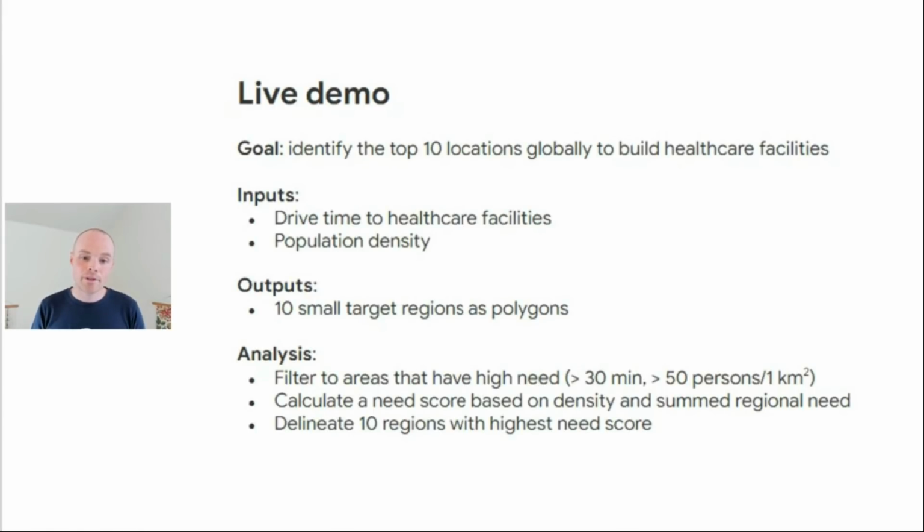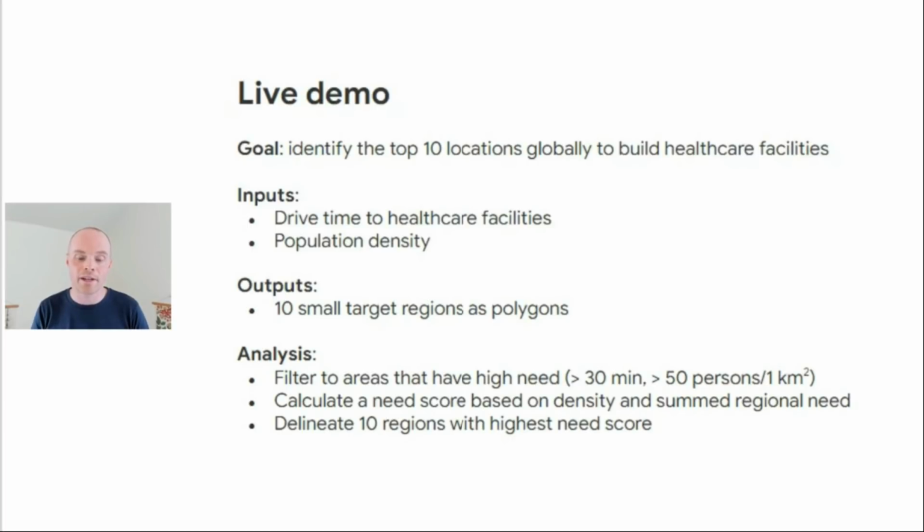And the analysis will include filtering the 2 data sets, 2 inputs, to the greatest need, regions where drive time is greater than 30 minutes. It takes a long time to get to a facility. And also that there are at least 50 persons per square kilometer so that we make sure we have an impact. If there's only 1 person living in a square kilometer, it has less impact.